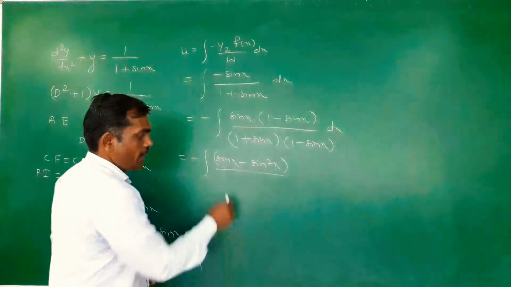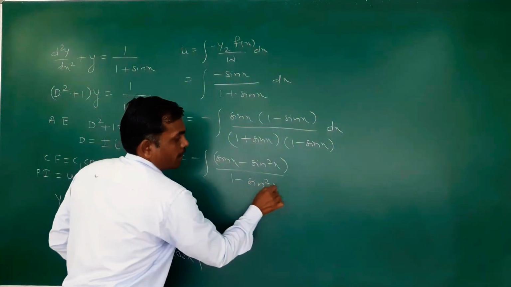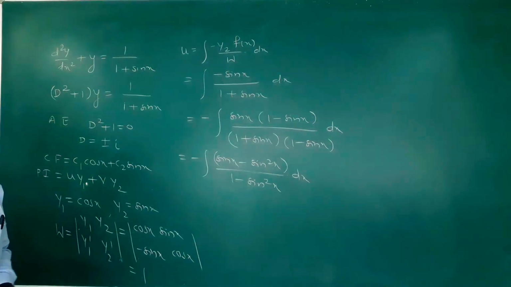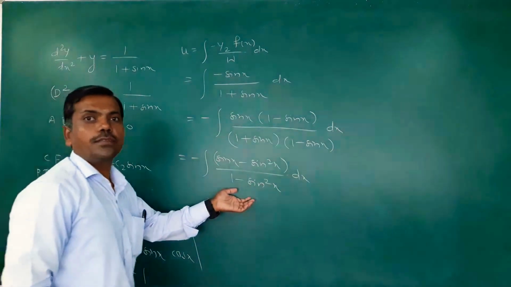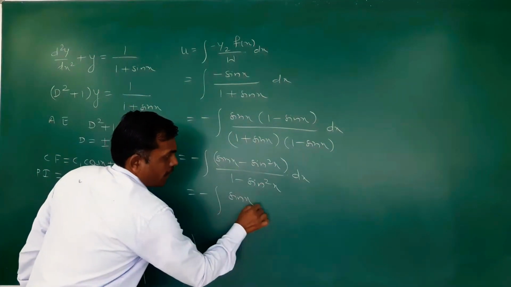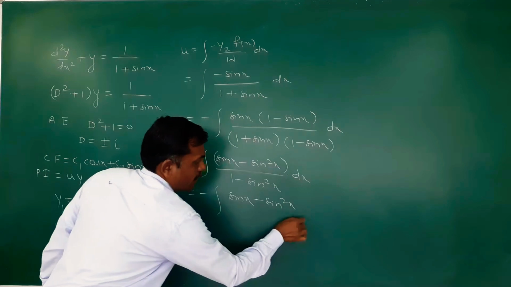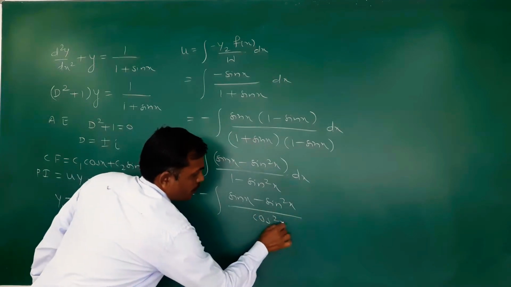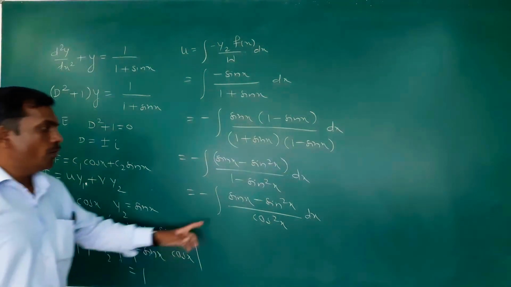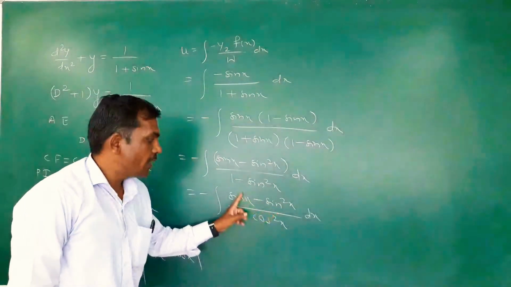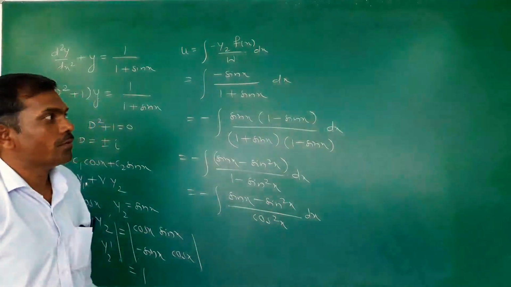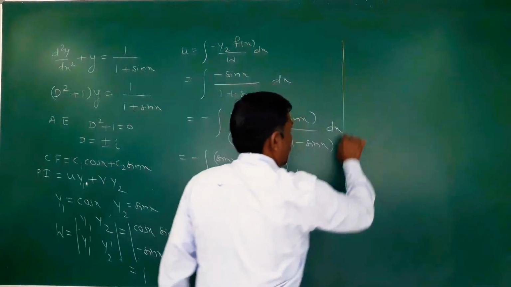It is 1 minus sin² x, and 1 minus sin² x is cos² x. So I get minus integration of (sin x minus sin² x) upon cos² x dx. Right? Now divide separately: sin x upon cos² x and minus sin² x upon cos² x.